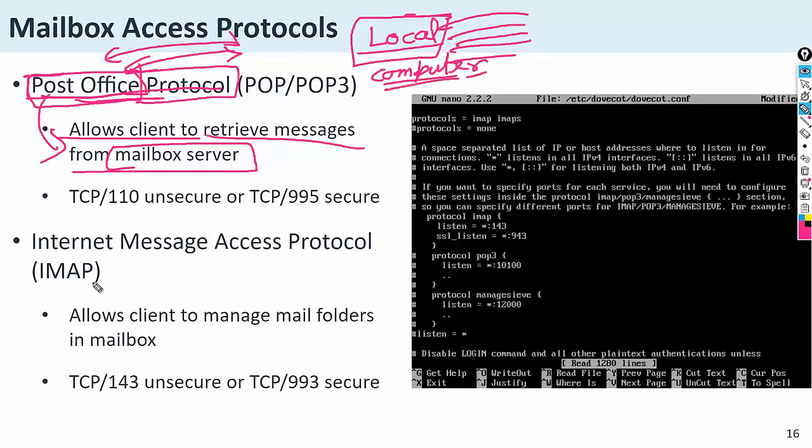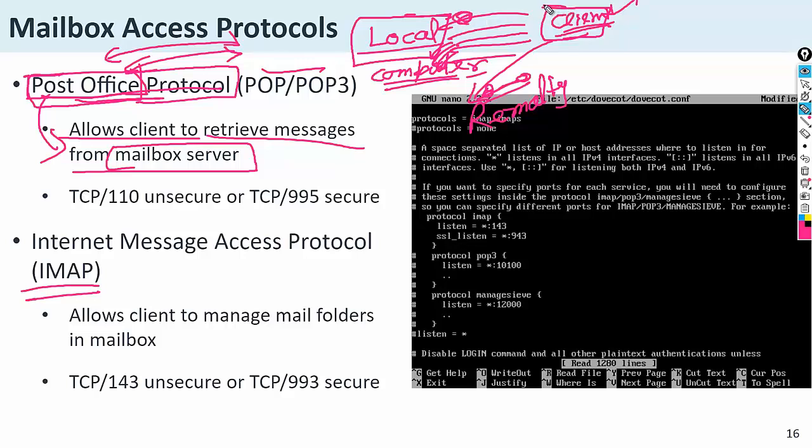Okay, but in IMAP, all the messages will not be delivered to your email box. They will always remain on the client's email server. Always remain there. You can access them remotely. Means when you delete any message, it will be removed from the client mail server. But in POP, when you delete any message, it will not be deleted from the server, it will be deleted on the local computer. Okay, that is the main difference between IMAP and POP.